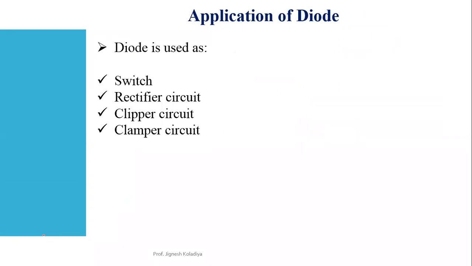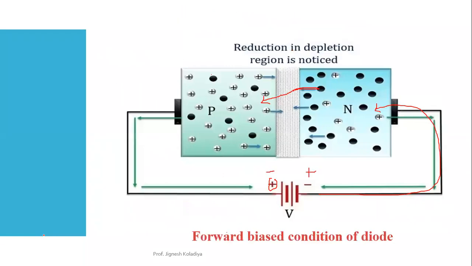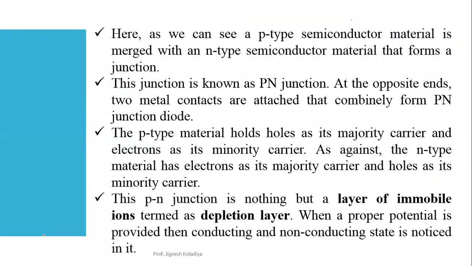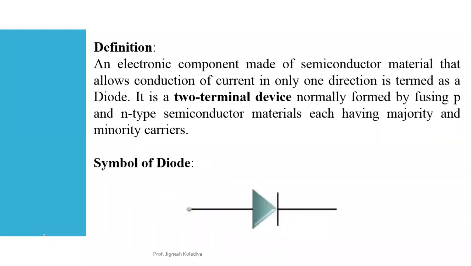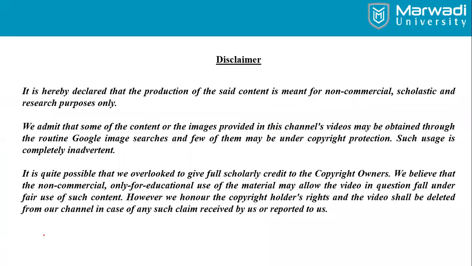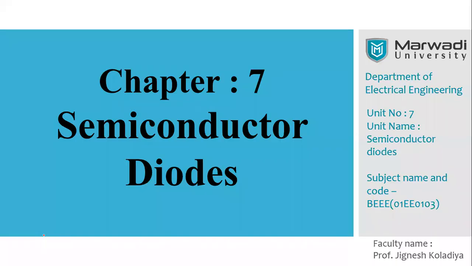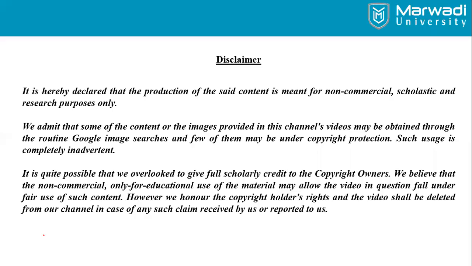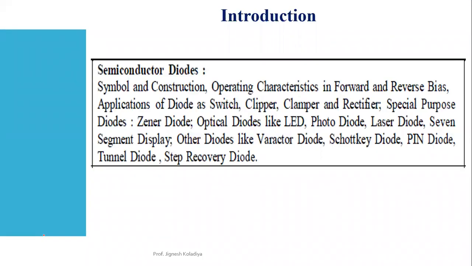Next time we will see the applications of the diode. So we have completed one numerical of chapter number 7, and with that we have already completed chapter number 3, and today we have started chapter number 7. In that we have taken some brief idea about semiconductor materials, right?